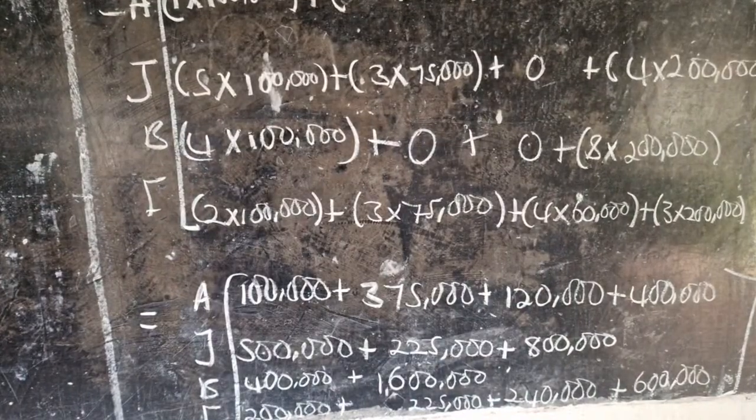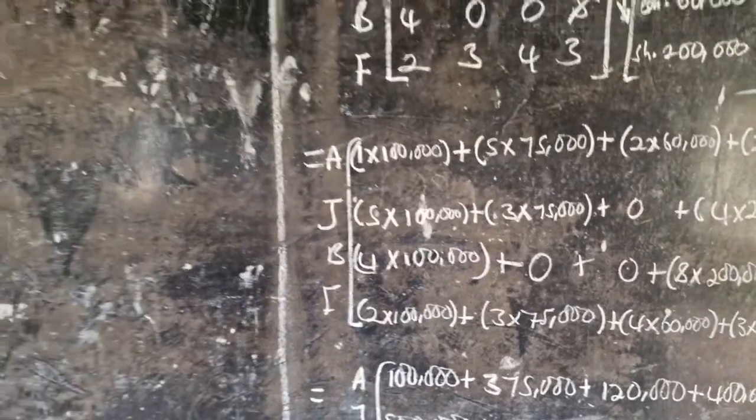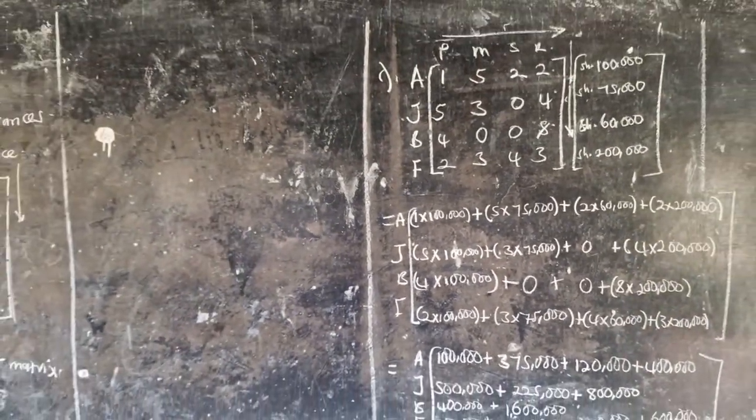Then finally you have to summarize this information by adding everything for each one of them.